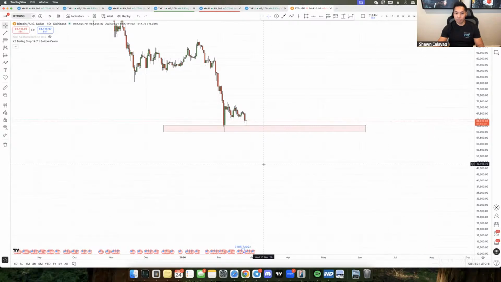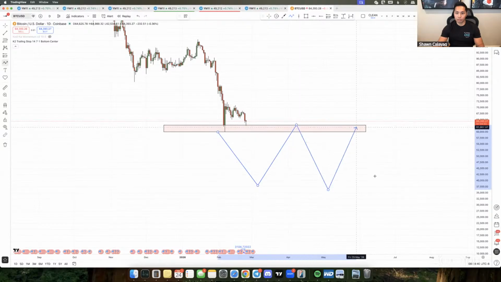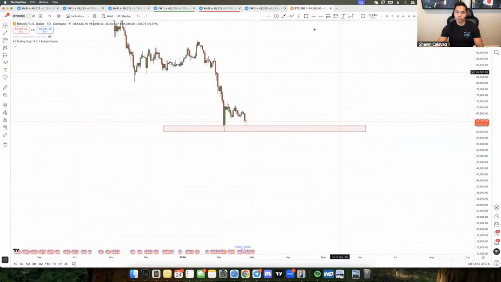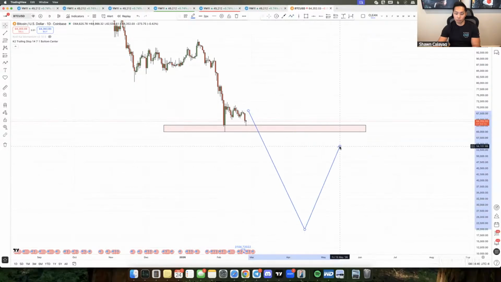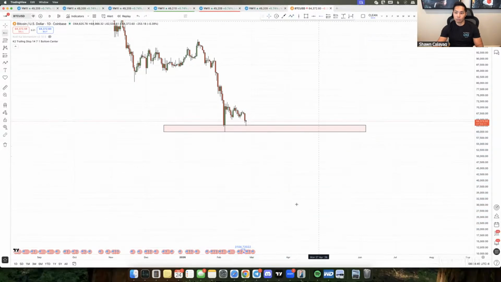But if it drops down there, I'll buy some. I'm not going to buy anything around this middle area because this is an area where it can probably range for a while. But if it does a sharp decline to like 20, maybe 20 is over. It's wishful thinking. 25 is probably going to be more realistic.